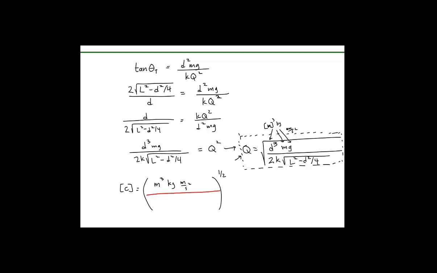Constants like 2 are unitless, so you don't need to include that in your unit check. k has the units of newton meters squared per coulomb squared. You should go ahead and double check that. And then I know I have a square root of distances squared. So L squared is a meter squared.